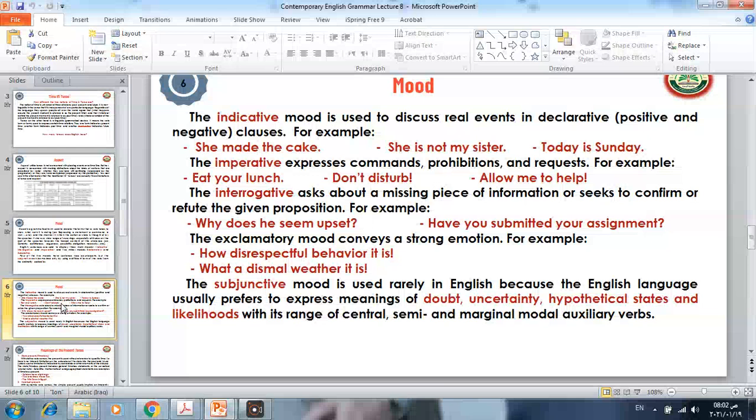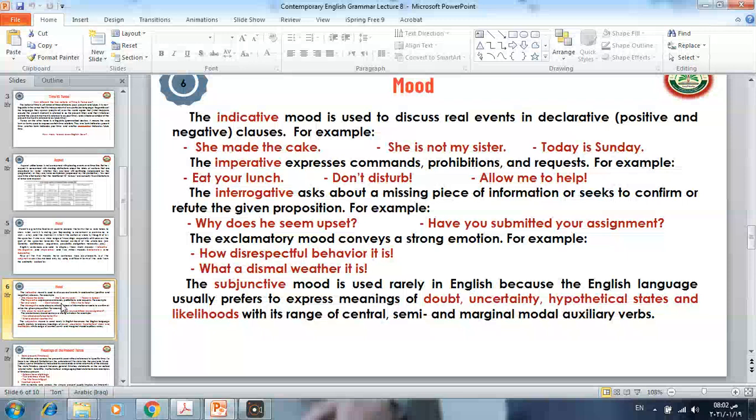So for example, when you tell your little brother, eat your lunch, you are commanding him to do so. And when you tell your little sister, don't disturb, you are prohibiting her from making any kind of disturbance. And when you say, for example, allow me to help, you are offering help, or requesting somebody to allow you to help them.